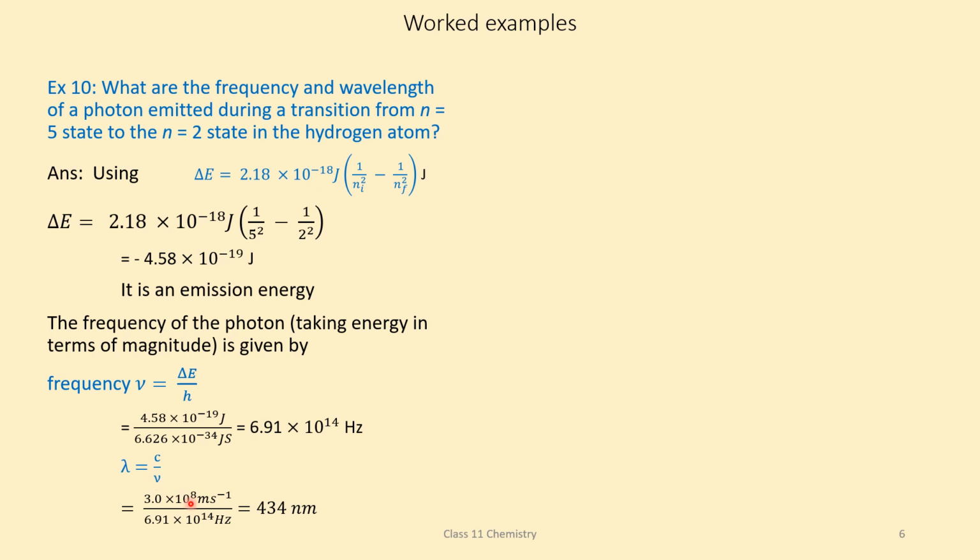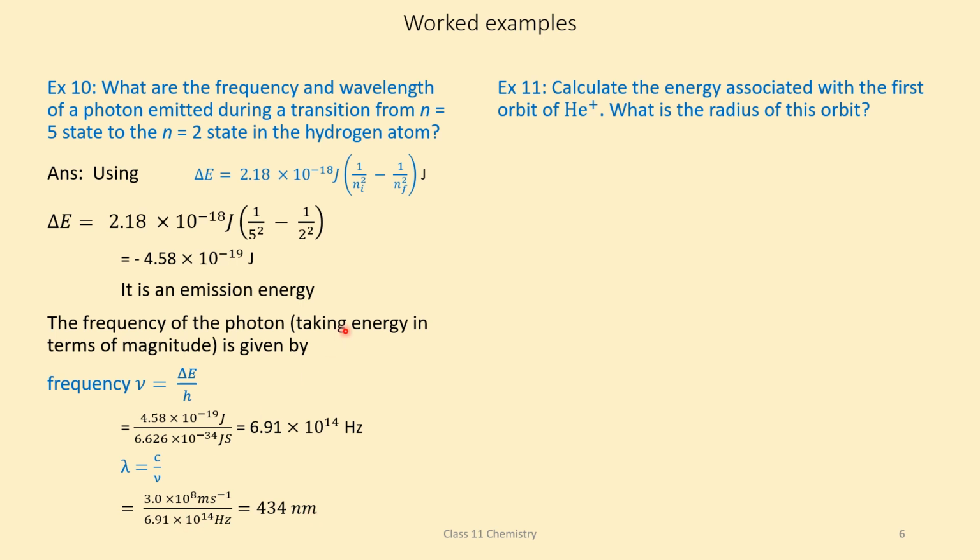You have to remember these constant values of h, values of c, etc. for solving this problem. That is equal to 3.0 into 10 to the power of 8 meters per second divided by the frequency we calculated in the previous step, 6.91 into 10 to the power of 14 hertz. Simplifying, we get the answer as 434 nanometers. This is the answer.